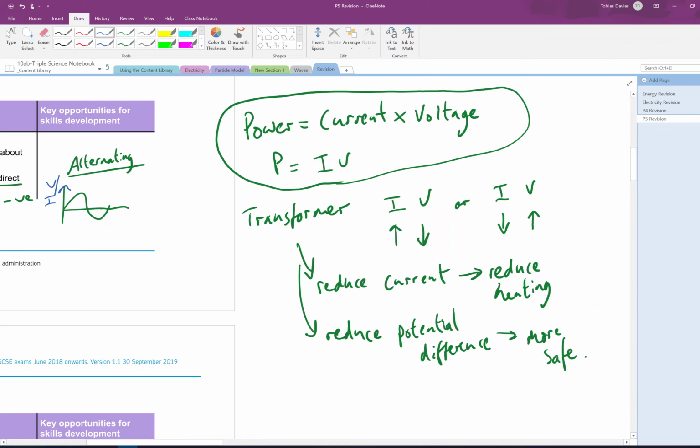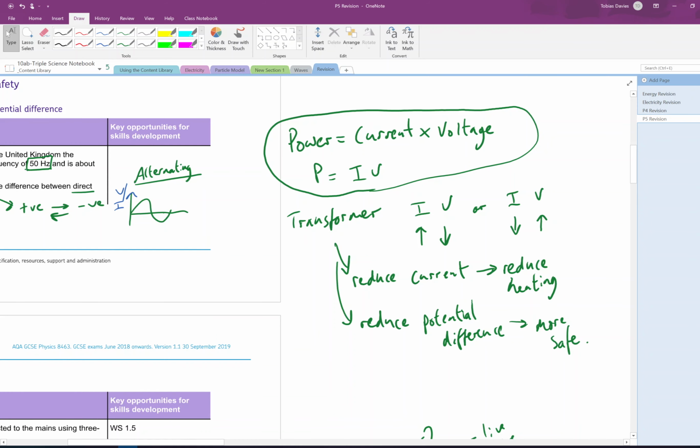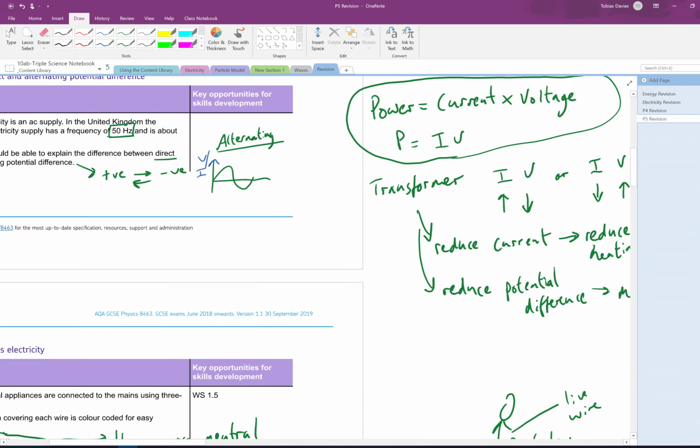Compared to the distance from the socket in your home to somewhere where there's a transformer, it really isn't going to be that far. Okay, it might be like a few hundred meters or something, compared to high voltage power lines that might run for hundreds or thousands of miles or kilometers. Okay, so yes, it's less efficient to use low voltages, but they're not going that far, so that's okay.